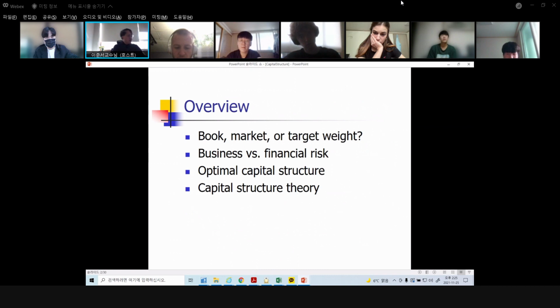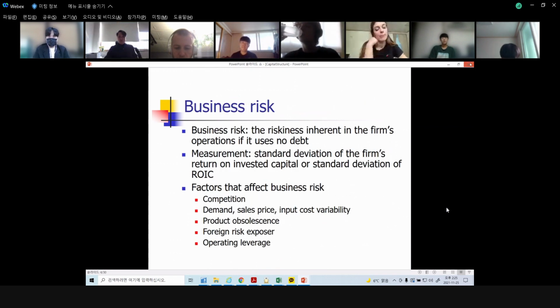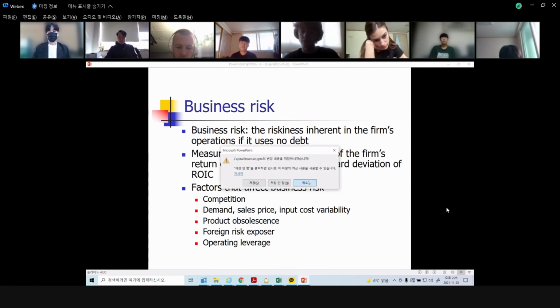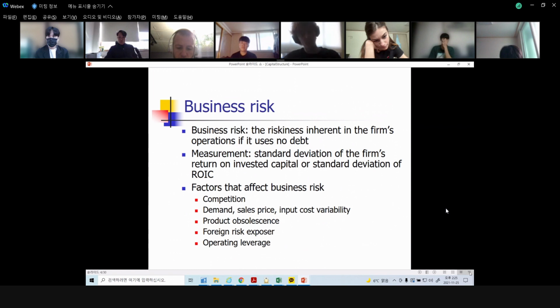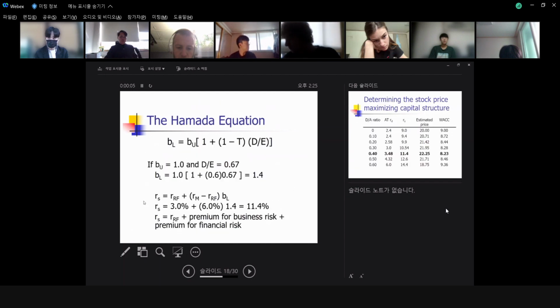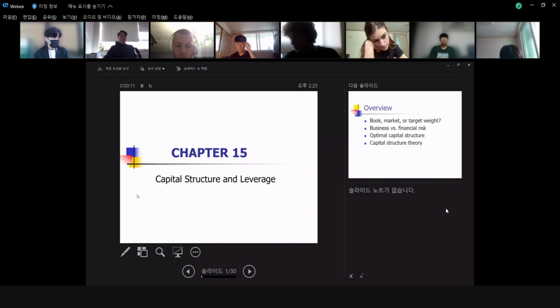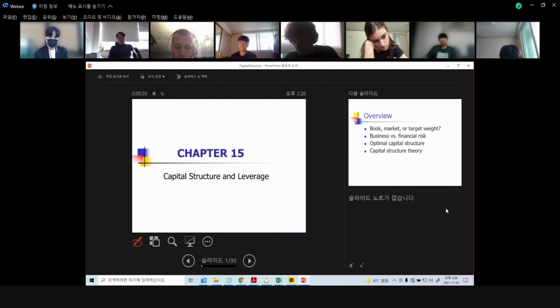I already explained the basic concept of the capital structure when we talked about the cost of capital, right? So, capital structure and leverage.